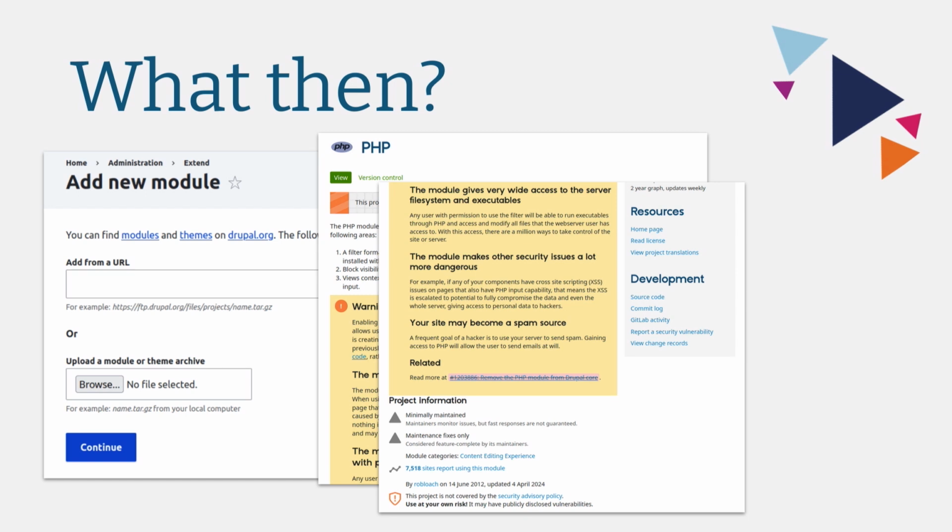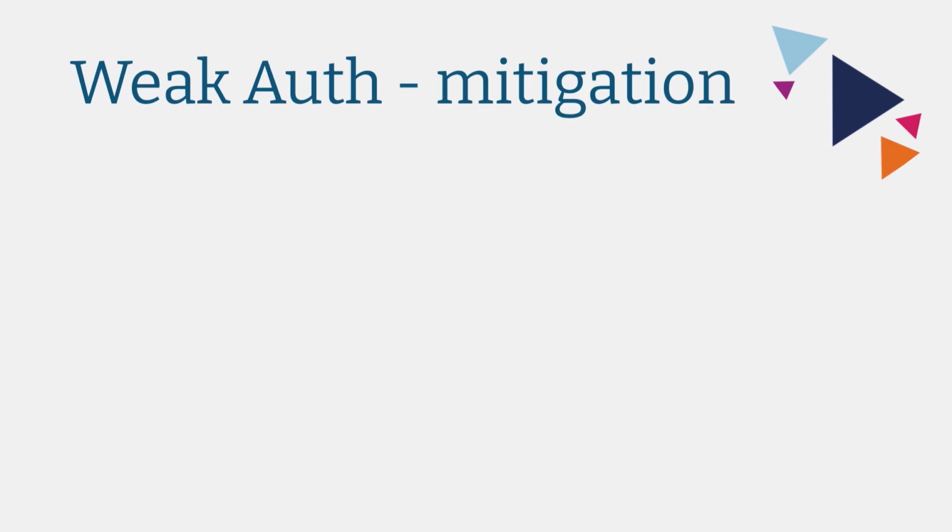But there's still 7,500 sites reported as having that module installed. So if the attacker gets this far, with something like this, it's probably not going to be that hard for them to get that shell and start running their code on your website.